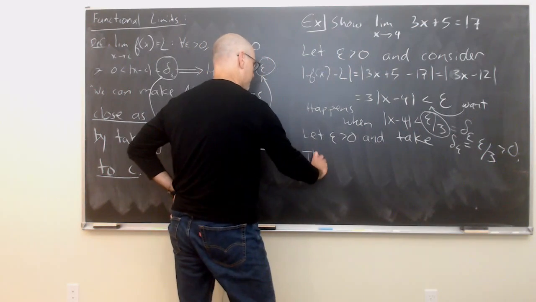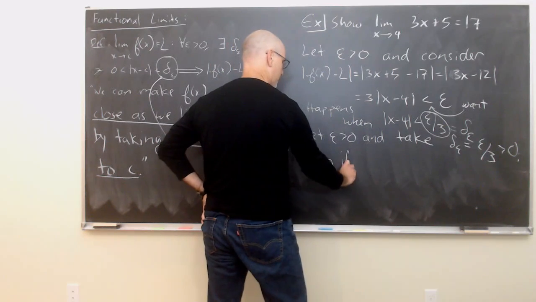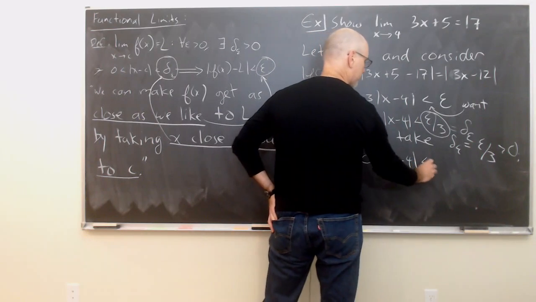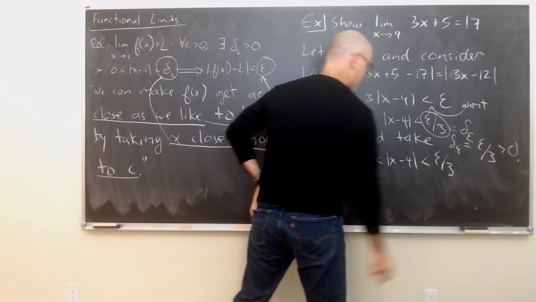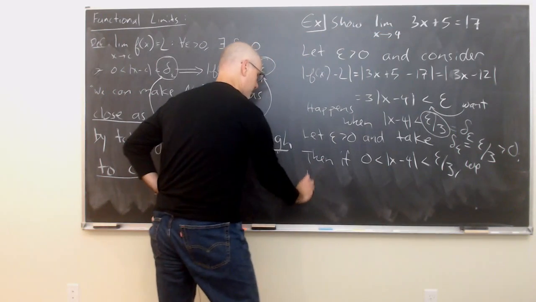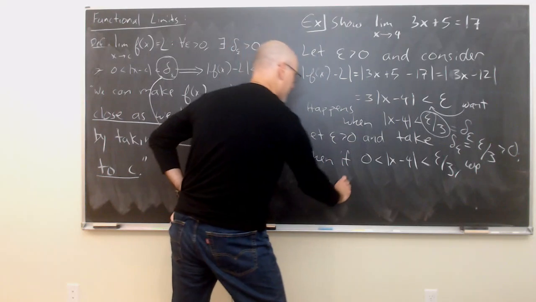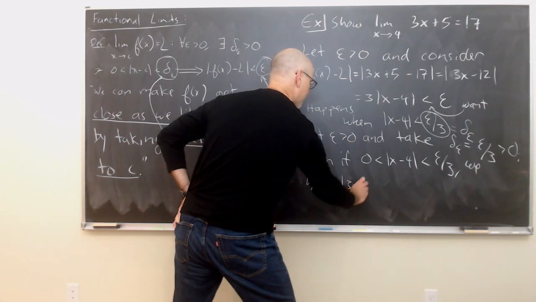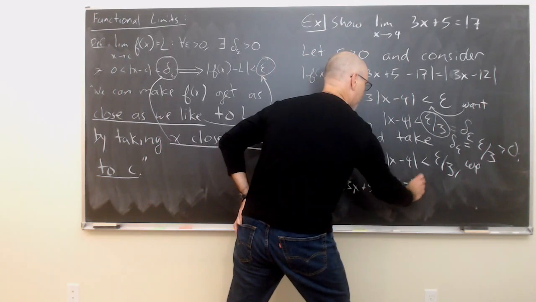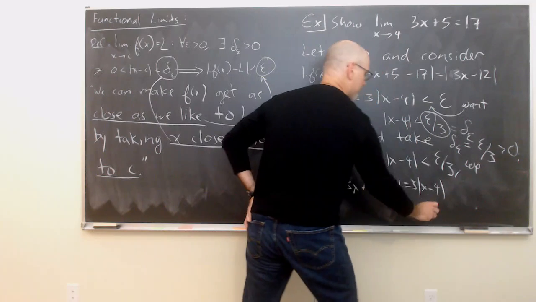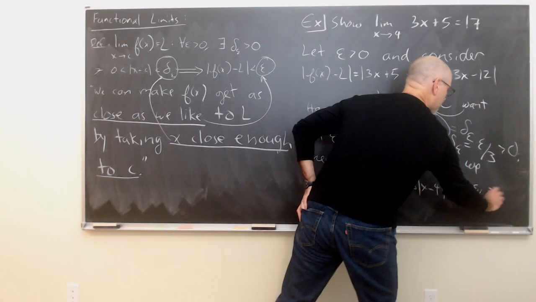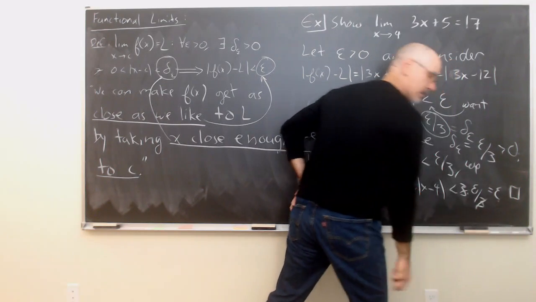Then if the absolute value of x minus 4 is less than epsilon over 3, we have f of x minus L is less than 3 times epsilon over 3, which equals epsilon, as required.